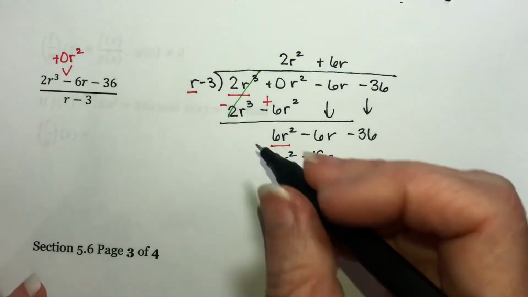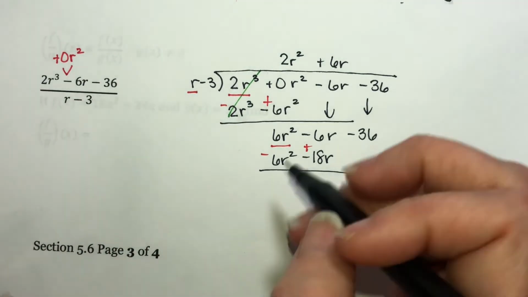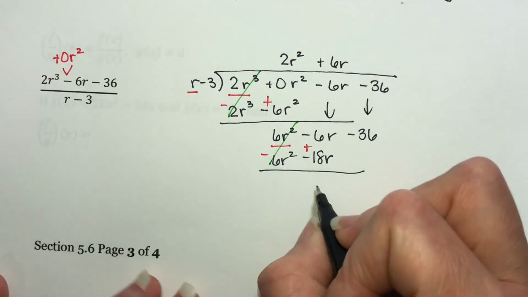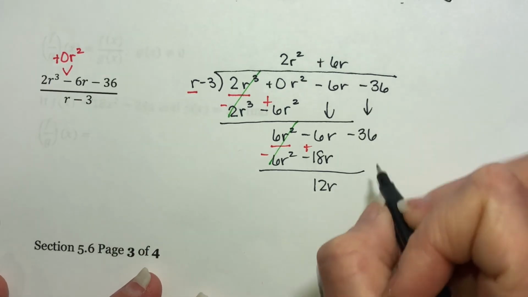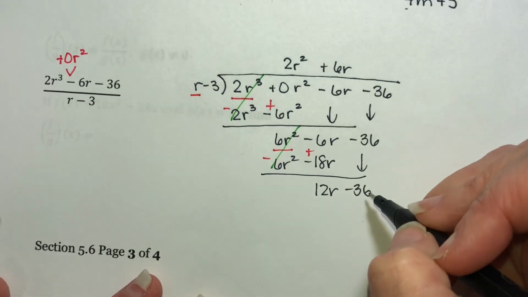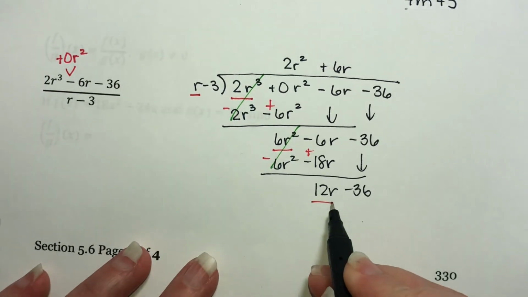Change the signs. We're going to add these together. Our first term should cancel out. And I get 12r, and then you bring down the minus 36. If we hadn't brought it down here, it would just be one big arrow down, all the way down to here. And now repeat, one more step.